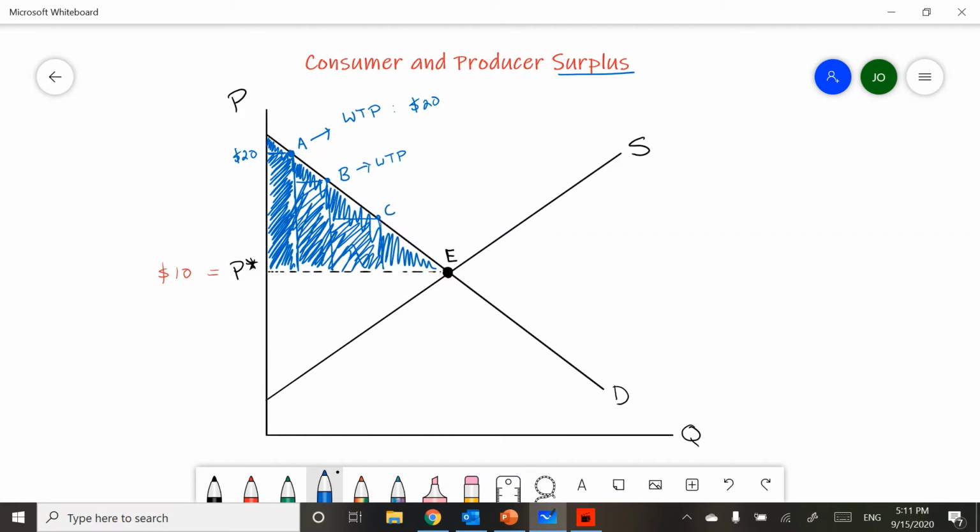And so graphically, we now understand that consumer surplus is going to be equal to the area below the demand curve and above the price level.